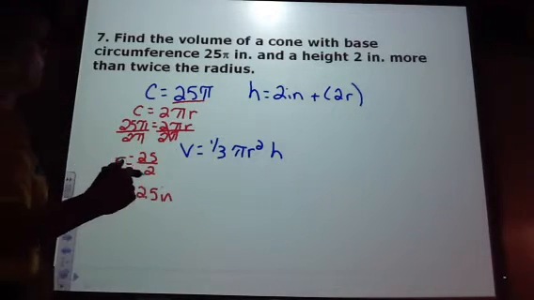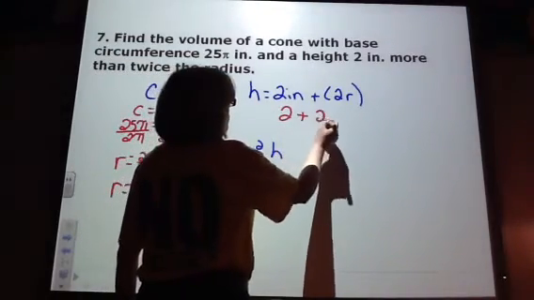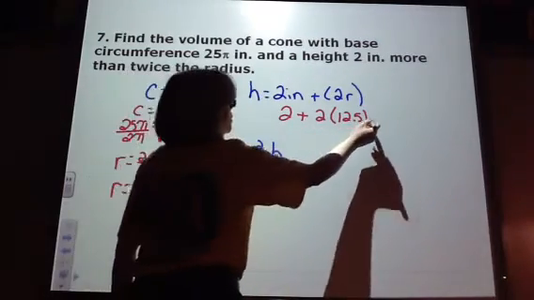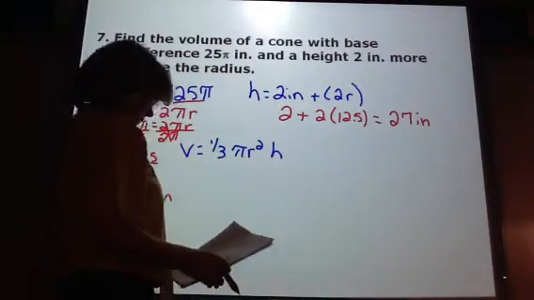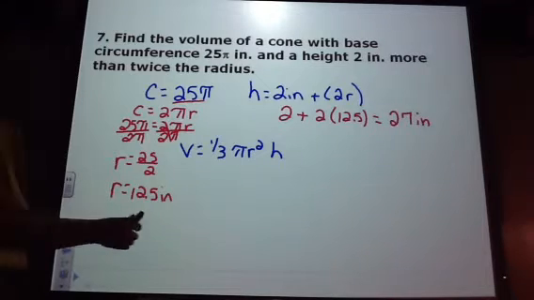So if r is 12.5, our height is going to be 2 plus 2 times the 12.5, which is going to give you 27 inches. And then we can substitute into our formula.